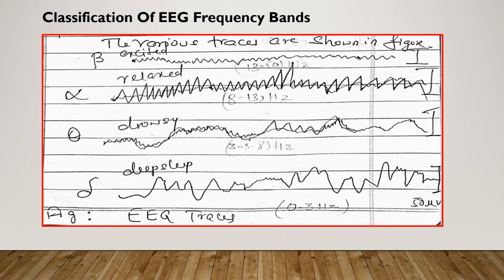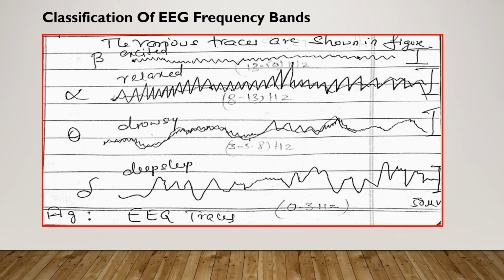First we will see what exactly the delta pattern does. The delta pattern is exhibited when the patient is in deep sleep. This kind of pattern is also observed in infants, that is, newly born babies.